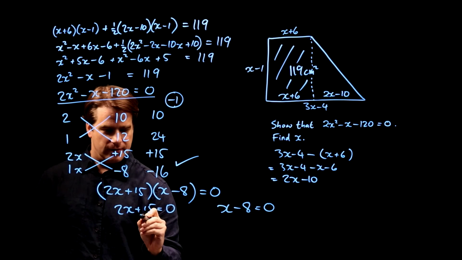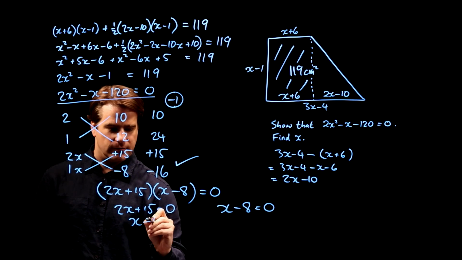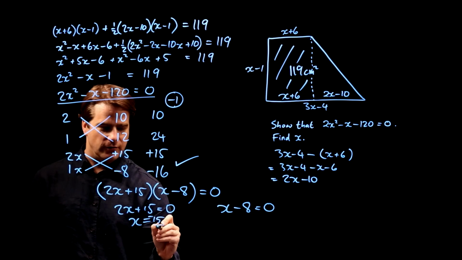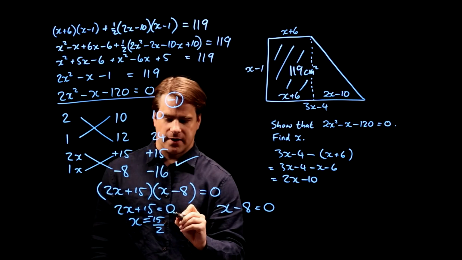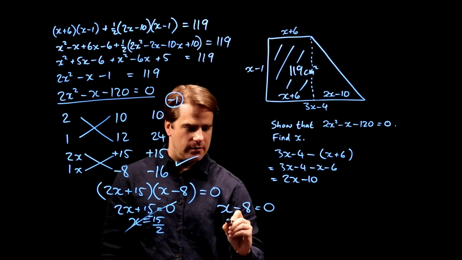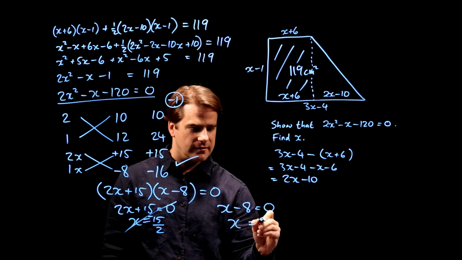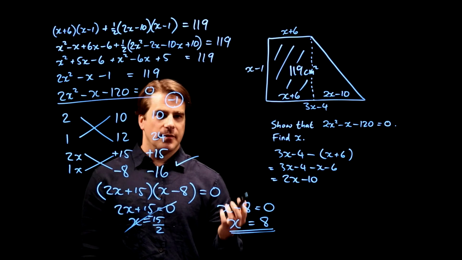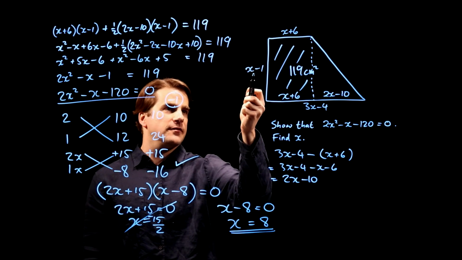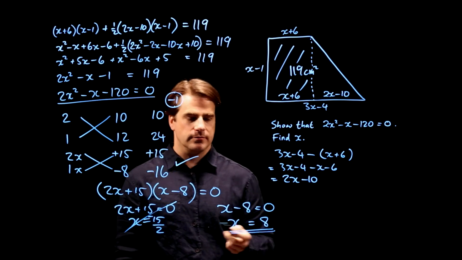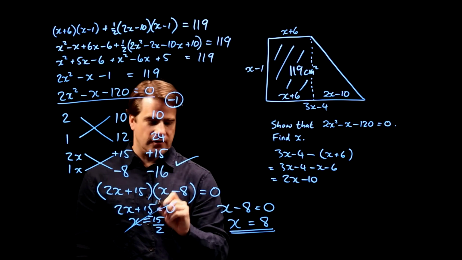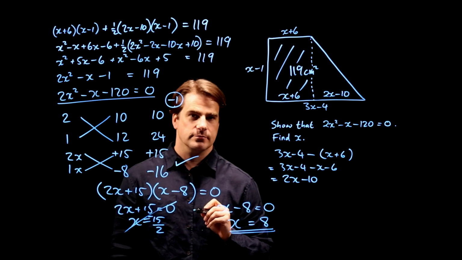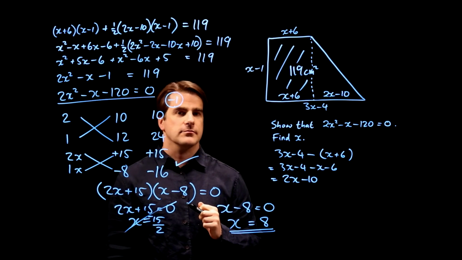In this case, x would be minus 15 over 2. So we can dismiss that one. But the solution in this case is x is 8. We know x must be positive because if x were negative here, you'd have a negative distance, which is impossible. So, dismiss that, and x is 8. There you go.